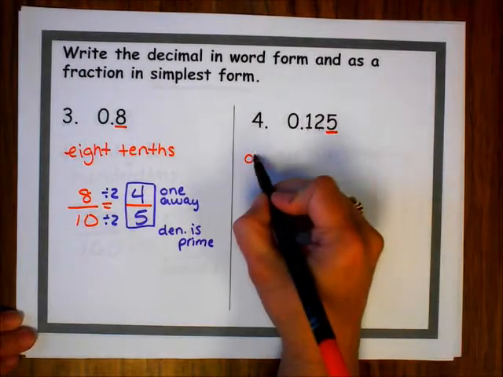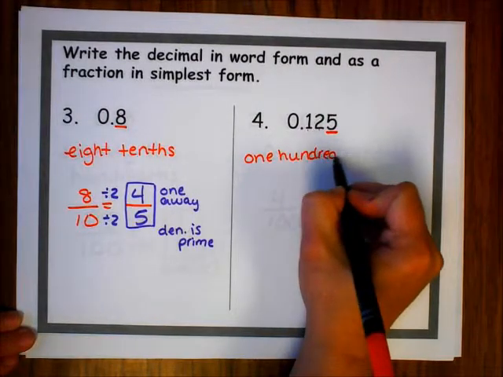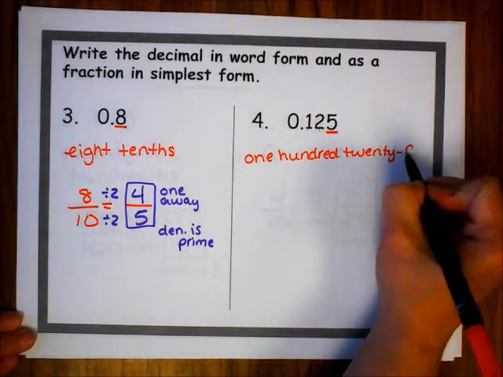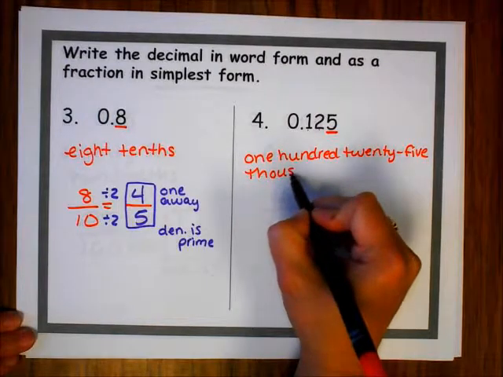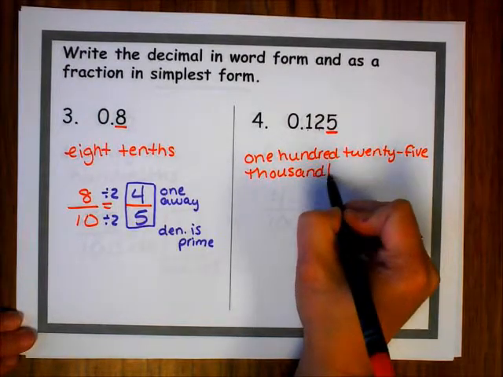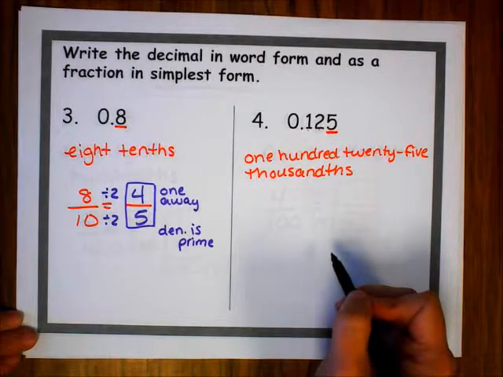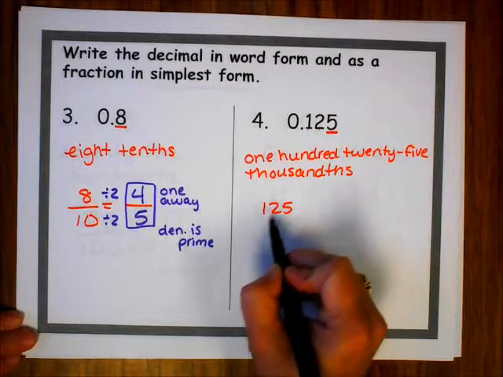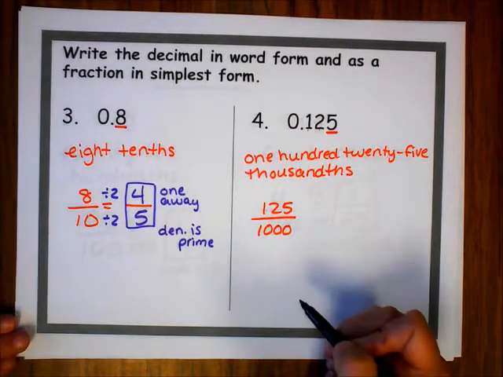So let's write that in words. 125 thousandths. Now we need to write that as a fraction. So 125 thousandths means 125 over 1,000.